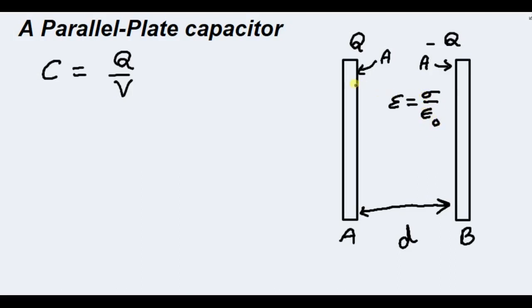Here sigma is the surface charge density on the plates of capacitor. We can also write Q is equal to sigma A.